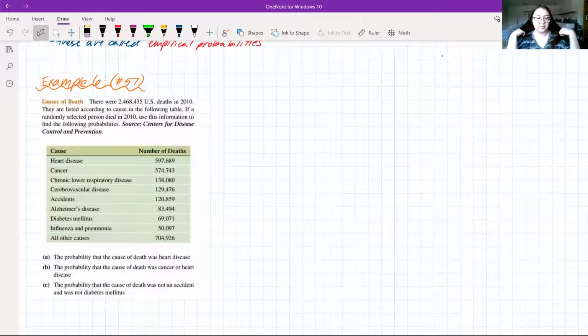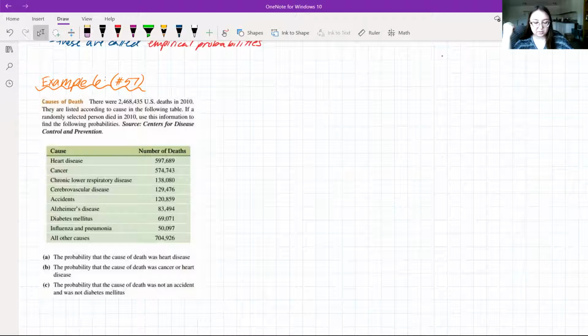So for example 6 here, which is also number 57 in your book, we have causes of death. There were 2,468,435 US deaths in 2010. They are listed according to the cause in the following table. If a randomly selected person dies in 2010, use this information to find the following probabilities.